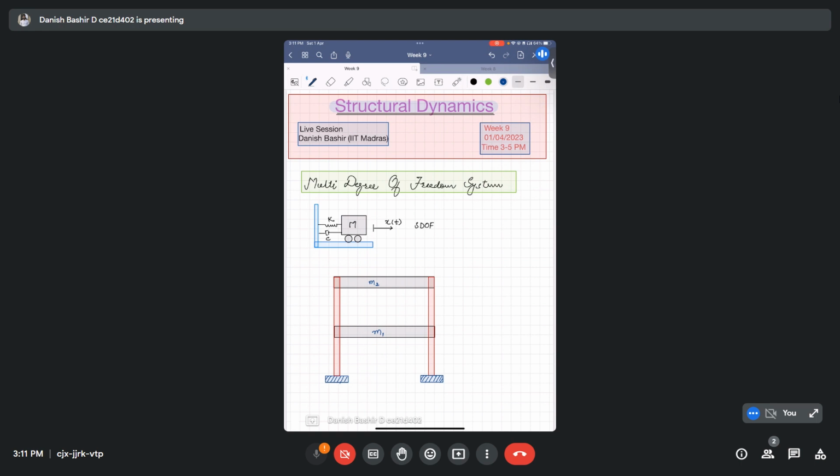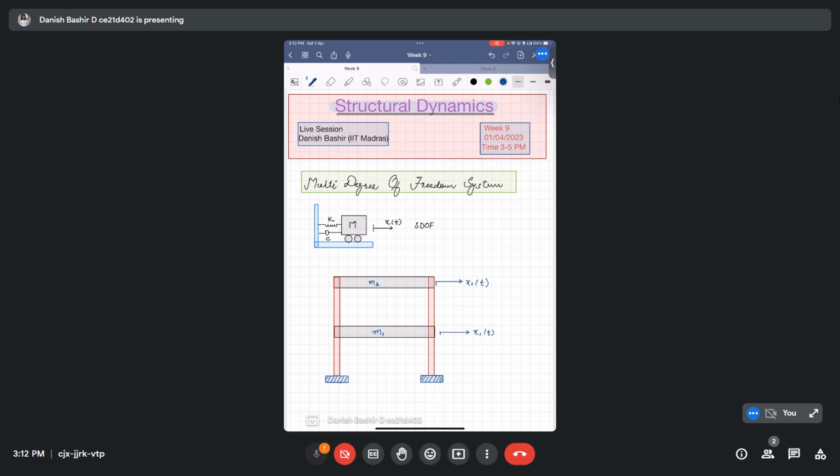Now these masses are lumped at two different levels, so we need two independent displacements to completely represent the motion of this system. We require one displacement, x1 of t, and another displacement, x2 of t, in order to completely represent its motion.